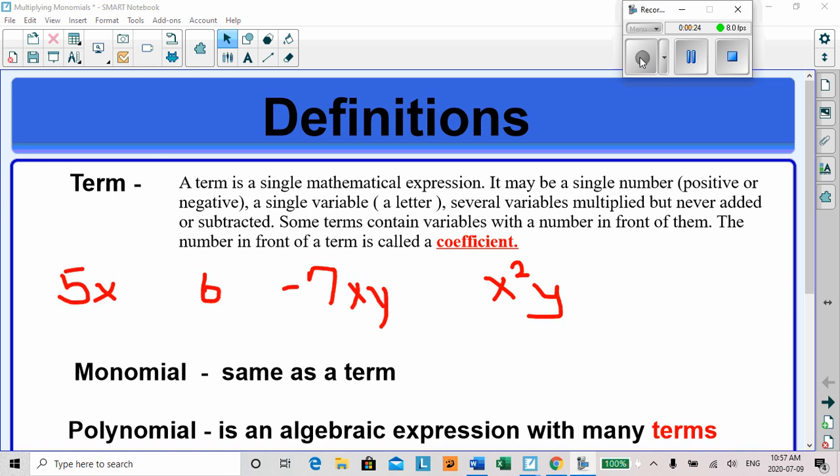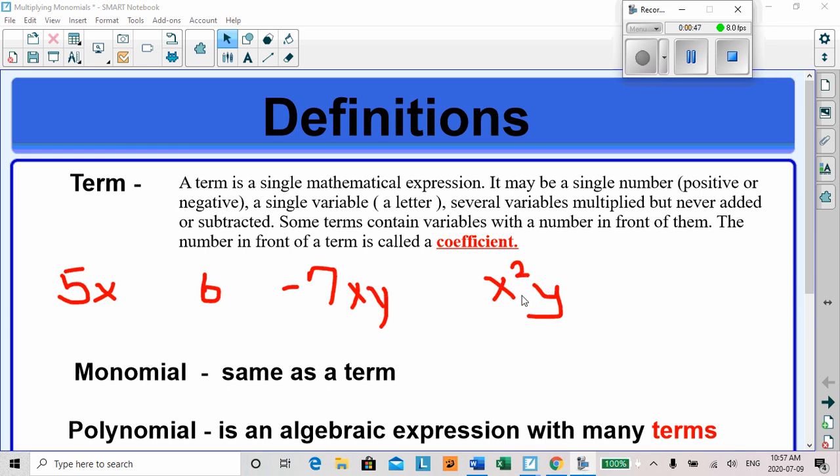A term is a single mathematical expression. So I've written down here some examples. 5x is a term. 6 is an example of a term. Negative 7xy. So they can be negative x squared y.